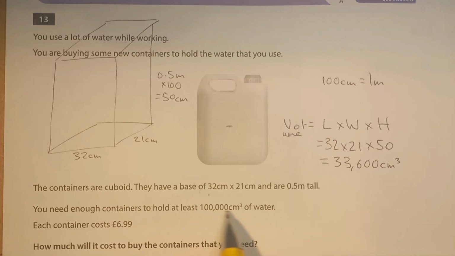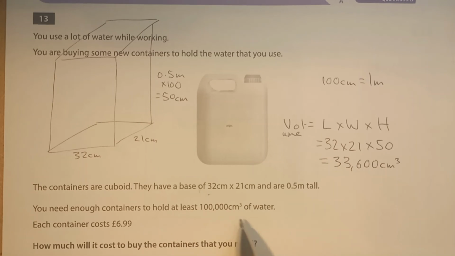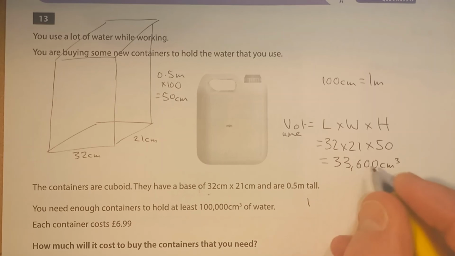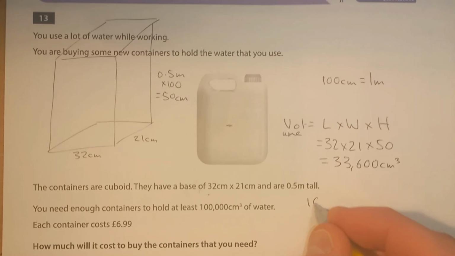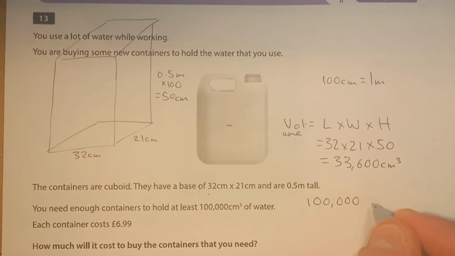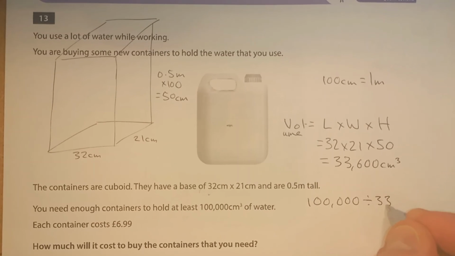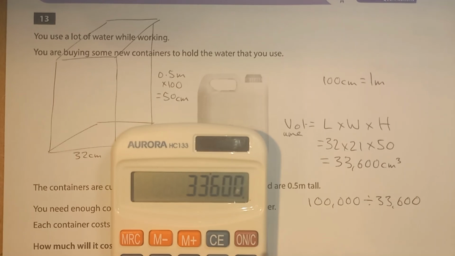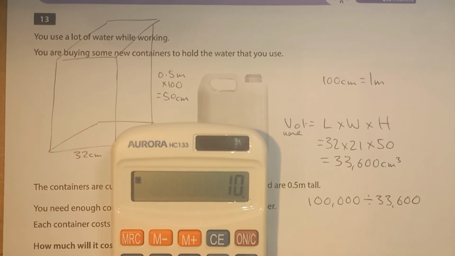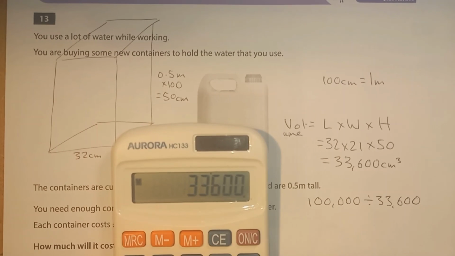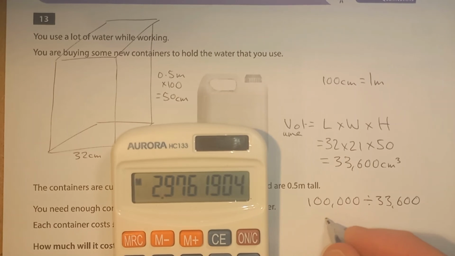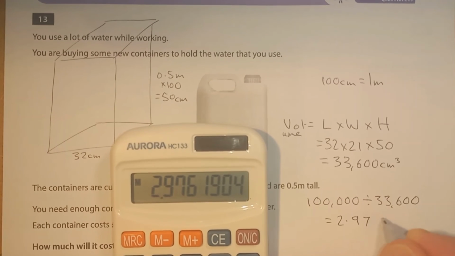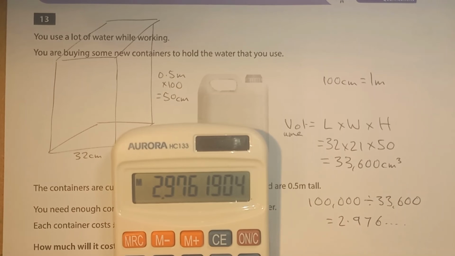We need enough to hold at least 100,000 centimeters cubed, so we want to know how many of those fit in here. Or in other words, 100,000 divided by 33,600. So I'm going to put that in my memory. So 100,000 divided by memory recall, and we get 2.976 containers.